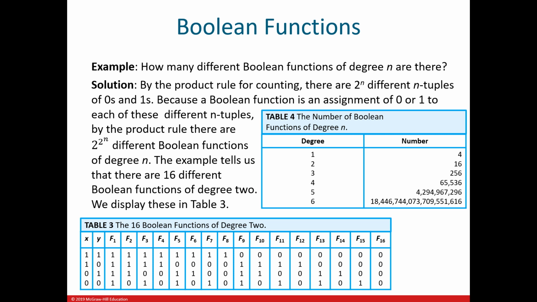Here is a nice table which shows us, whenever we have degree 2, meaning two variables, how many different functions we can have. If we have degree 1, it means we just have one variable x, and x can take value 1 or 0.